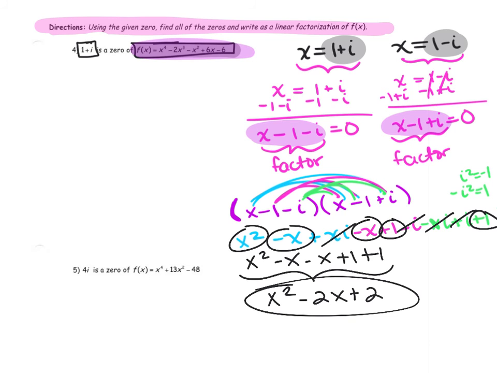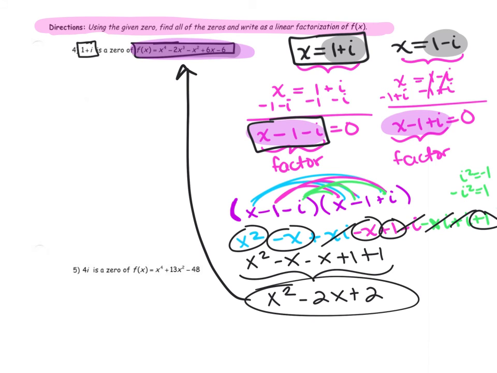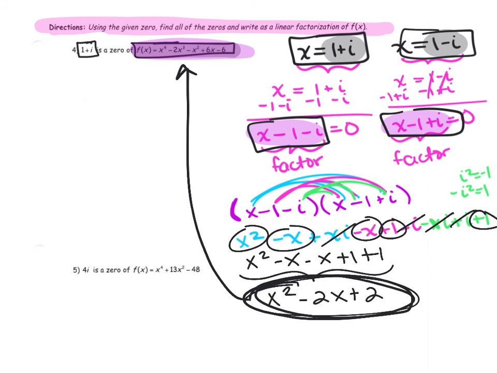And now I know this is divisible by this because we just went from a root to a factor, multiplied the factors and got a simplified polynomial. We know this here is divisible by this polynomial.